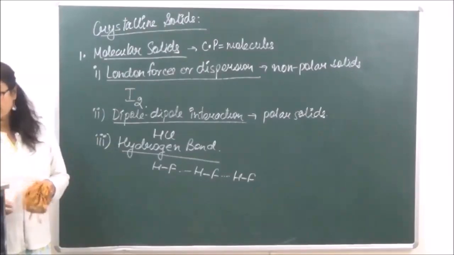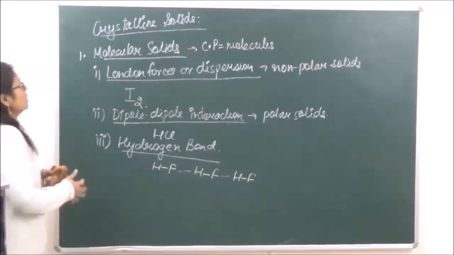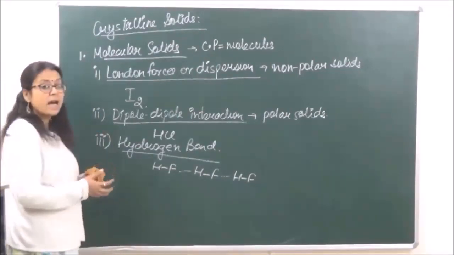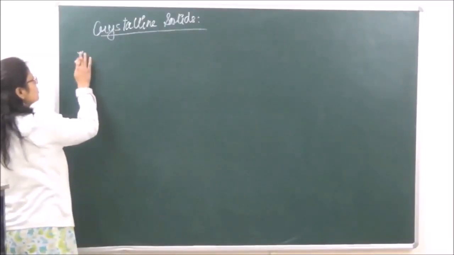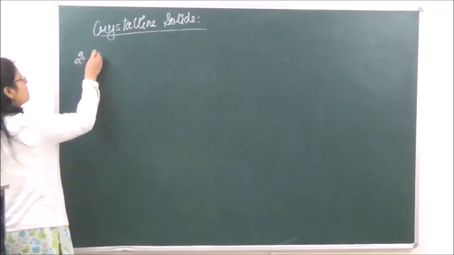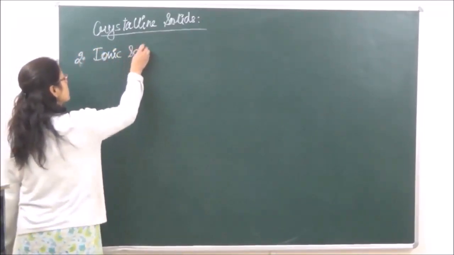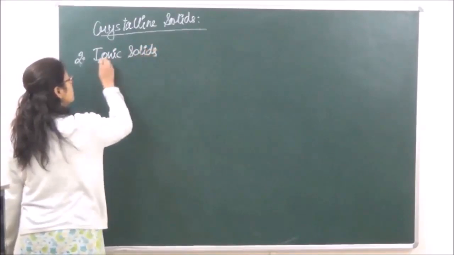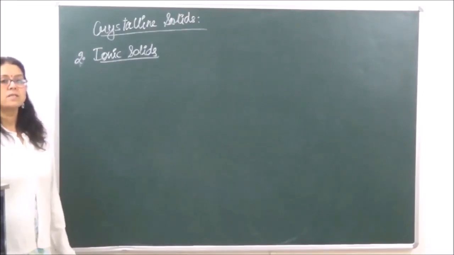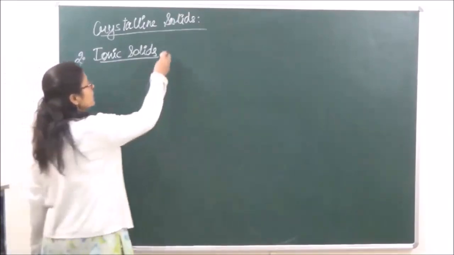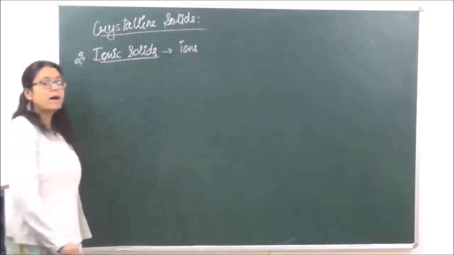So let's go on to the second one. The second type of solids we have is ionic solids. As the word suggests, in ionic solids the constituent particles are ions.